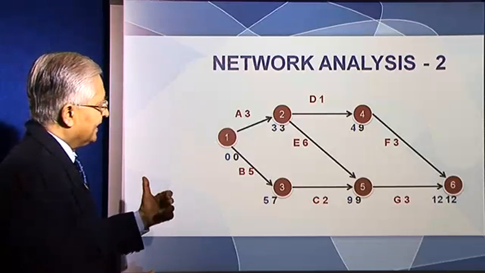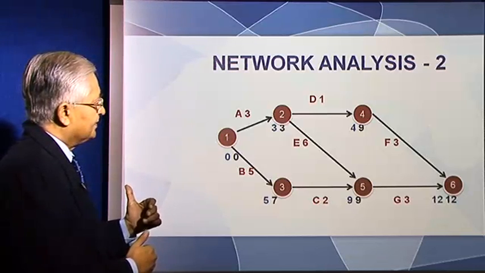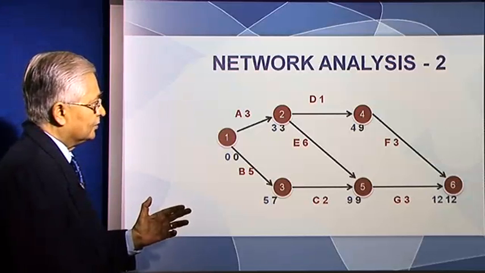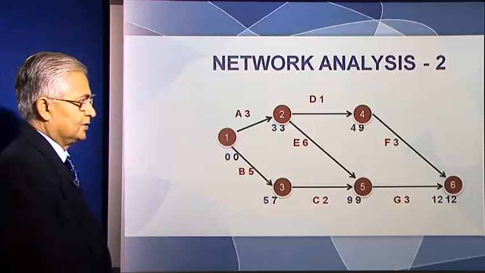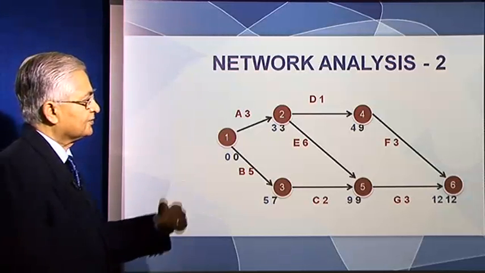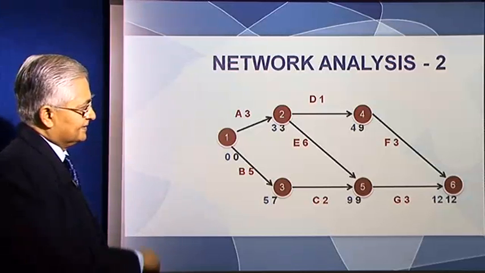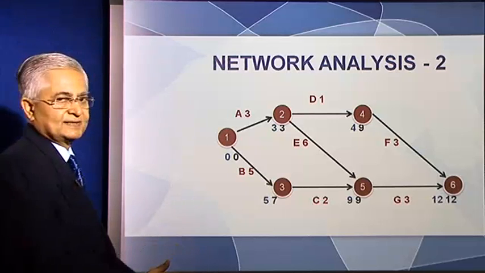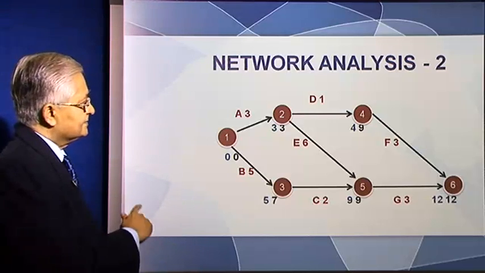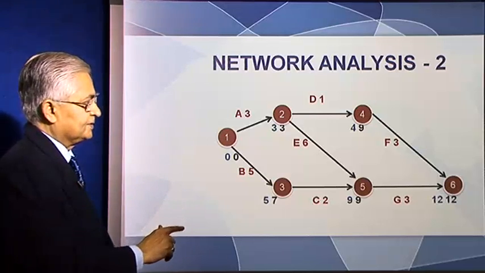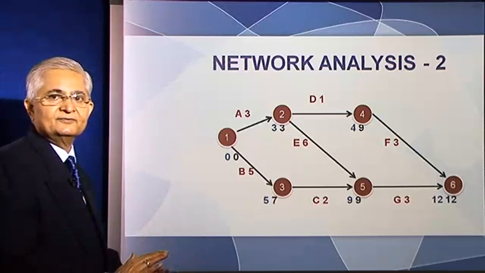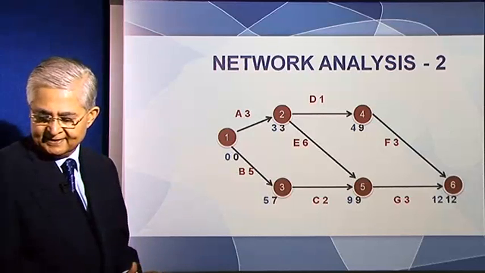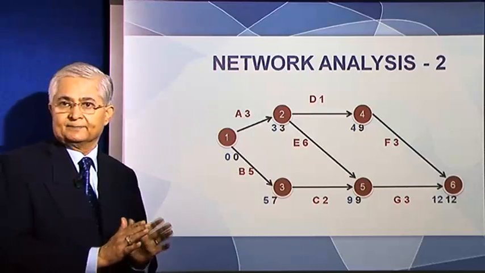If A goes beyond 3 months, or if E goes beyond 6 months, or if G goes beyond 3 months, the project is going to extend beyond 12 months. So when it comes to A, E and G, you do not have any kind of leeway. These activities have to be completed in the given time.